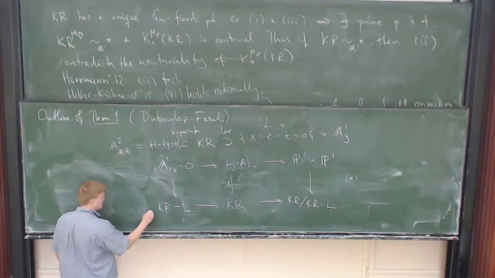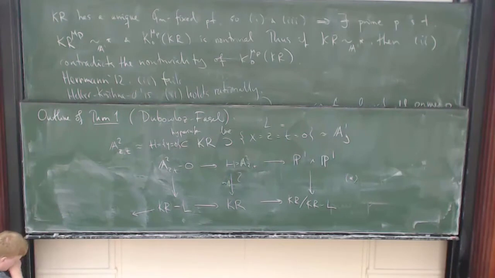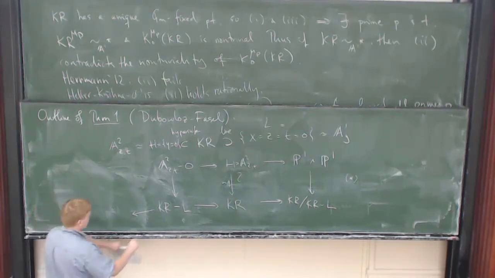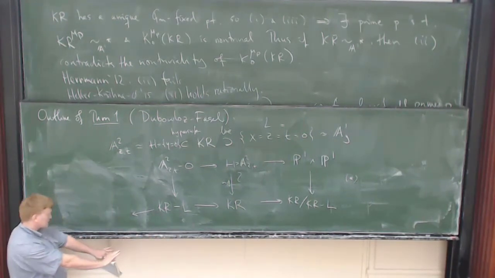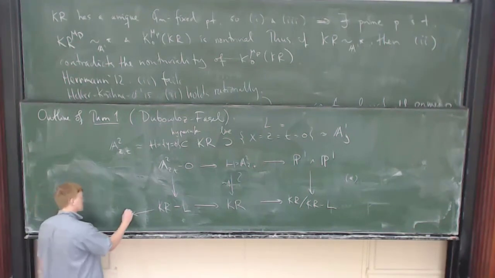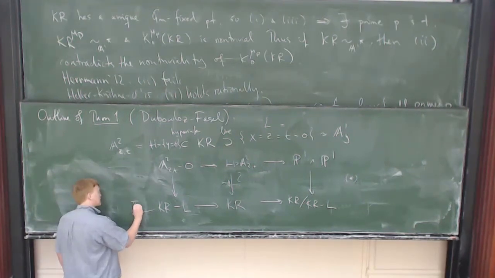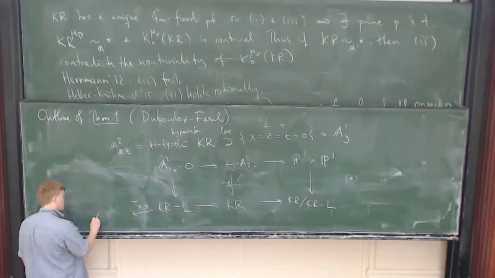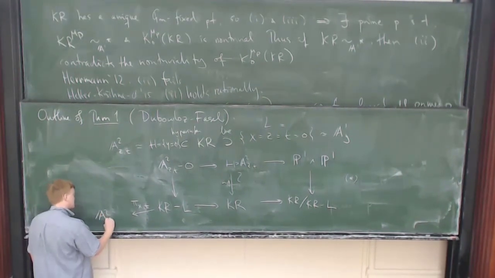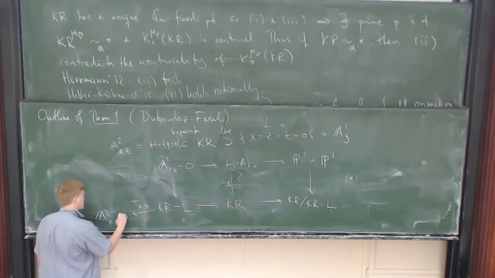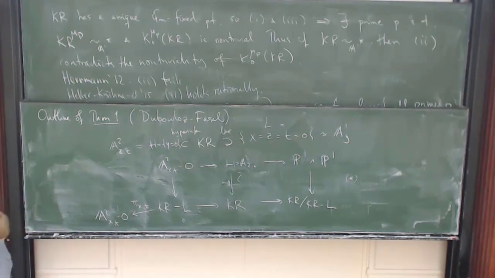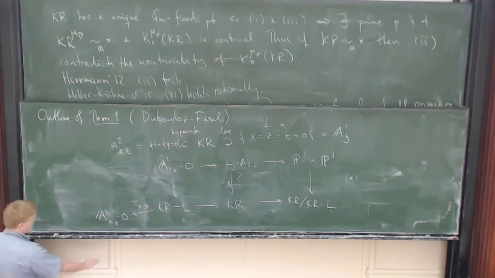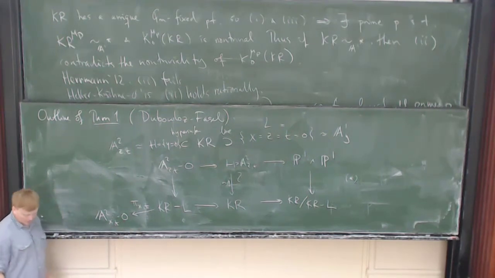And there's another ingredient here. When we look at KR, remove this line, we can look at the projection in the x and t variables down to A2 in x and t, taking out 0. This map turns out to be an A1 weak equivalence, but not for trivial reasons.